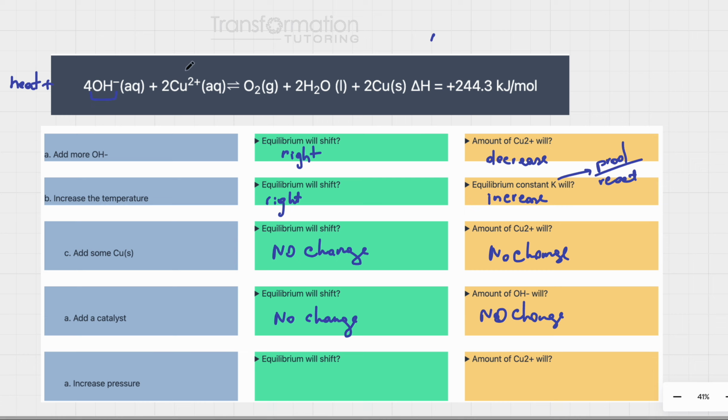Since my left has no gas and my right does have some gas, the equilibrium should shift to the left. So we will say left or reactant side. And if we shift this way to the left, what happens to my Cu2 plus? So let's find Cu2 plus. It's here. And what happens to Cu2 plus when I shift to the left? It will increase.